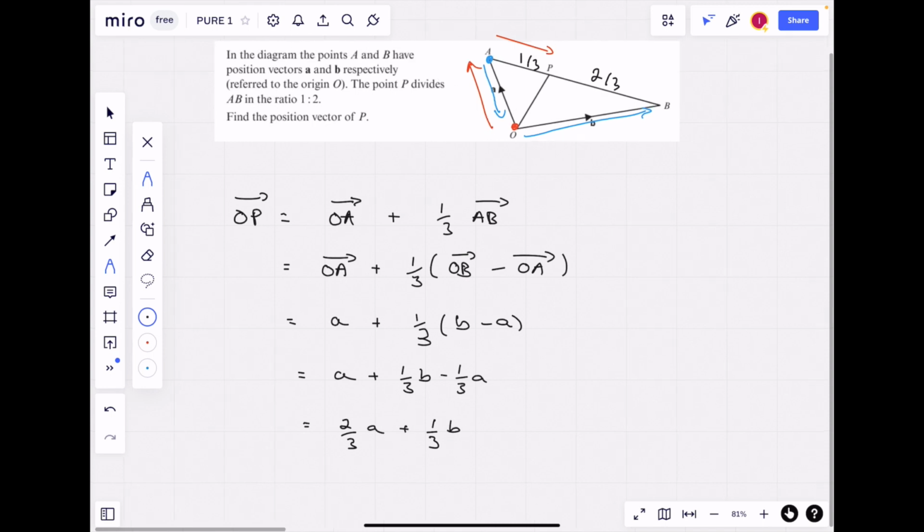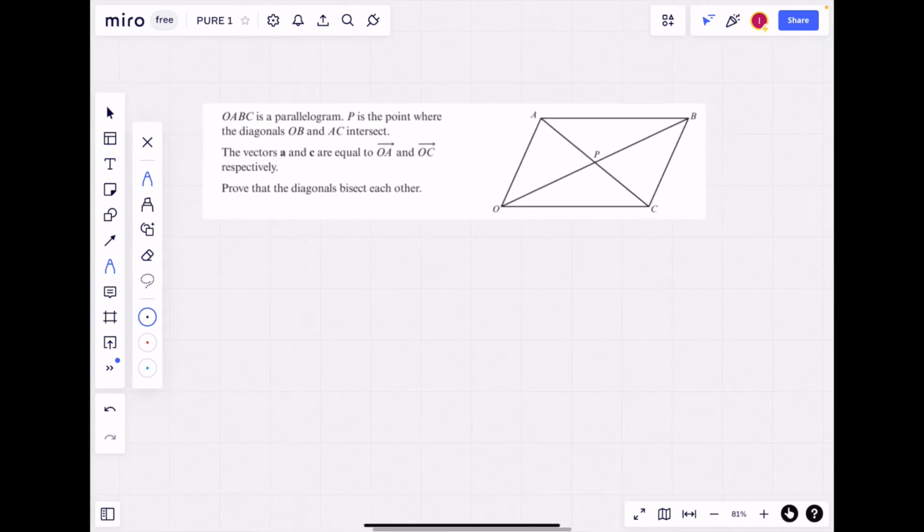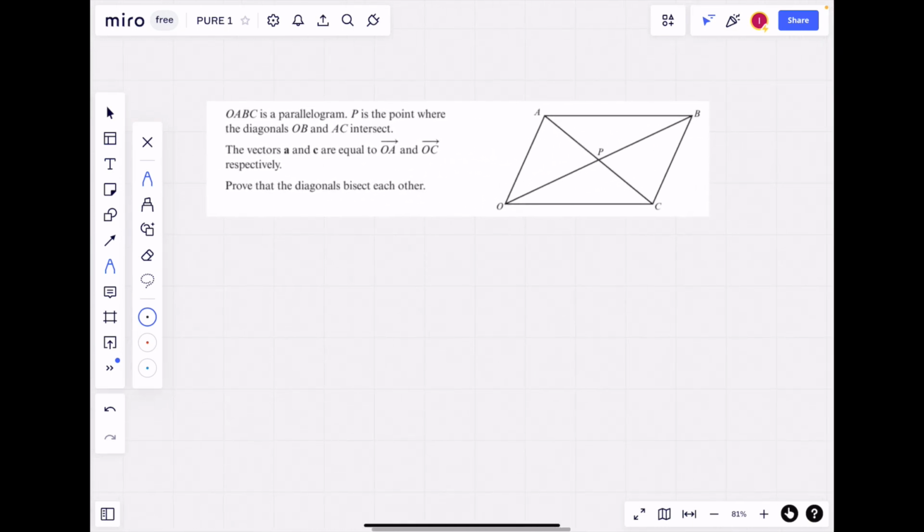Okay, next question. This one is complicated. So I'm letting you know now. Most of the time, my students would just be baffled afterwards. And rightly so, it is confusing. So if you don't get this first time, don't worry about it.